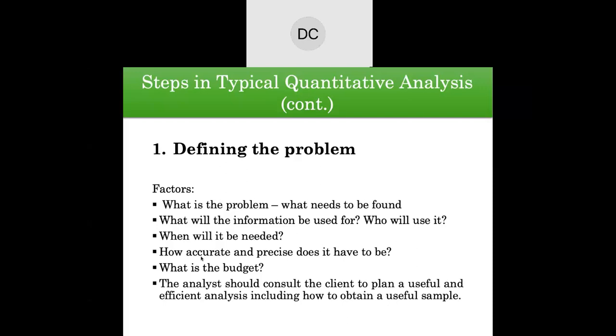Okay, as an analytical chemist or analyst, awak kena tahu your client punya masalah apa, dia nak apa hasilnya, and how you can manage the budget, and how to obtain a useful sample.